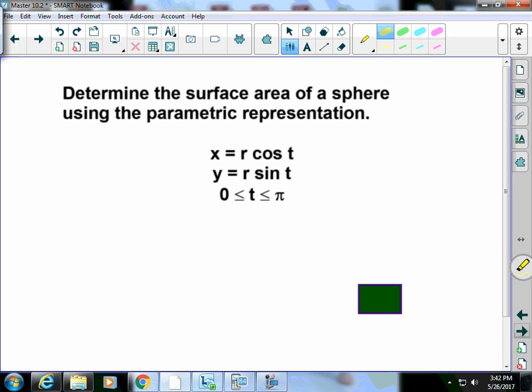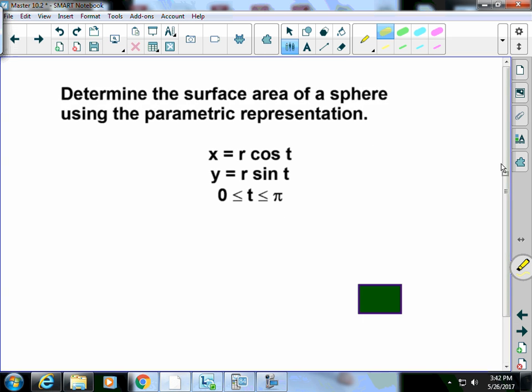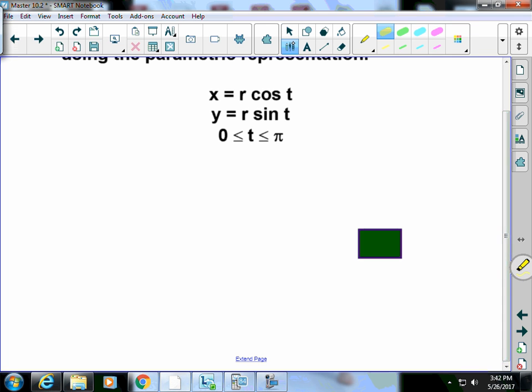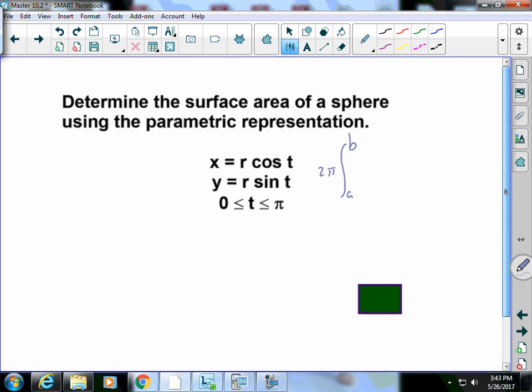Determine the surface area of the sphere using a parametric representation. I'm looking for a 2 pi from A to B of y times the square root of dx dt squared plus dy dt squared dt, from 0 to pi.